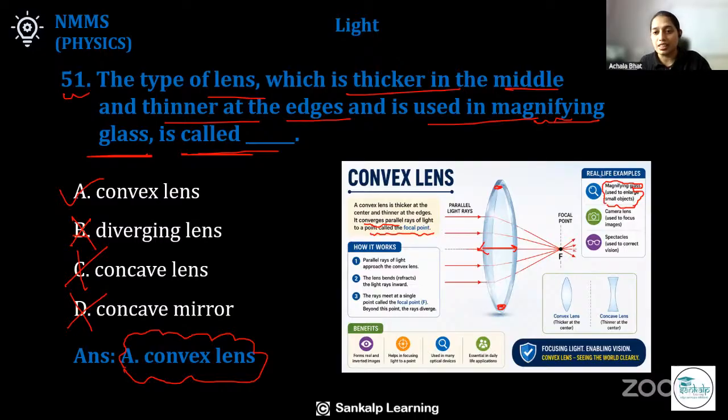This is a real life example of convex lens. Whereas concave lens is thinner at the center and thicker at the edges.